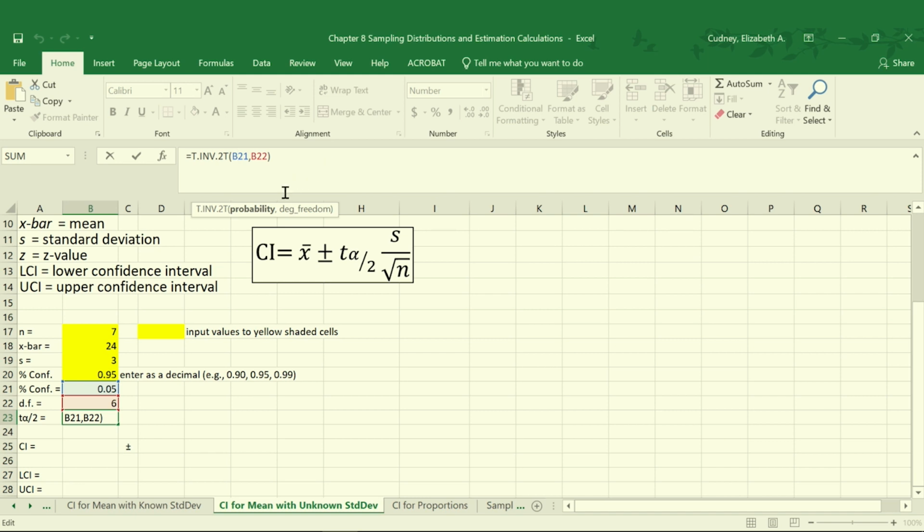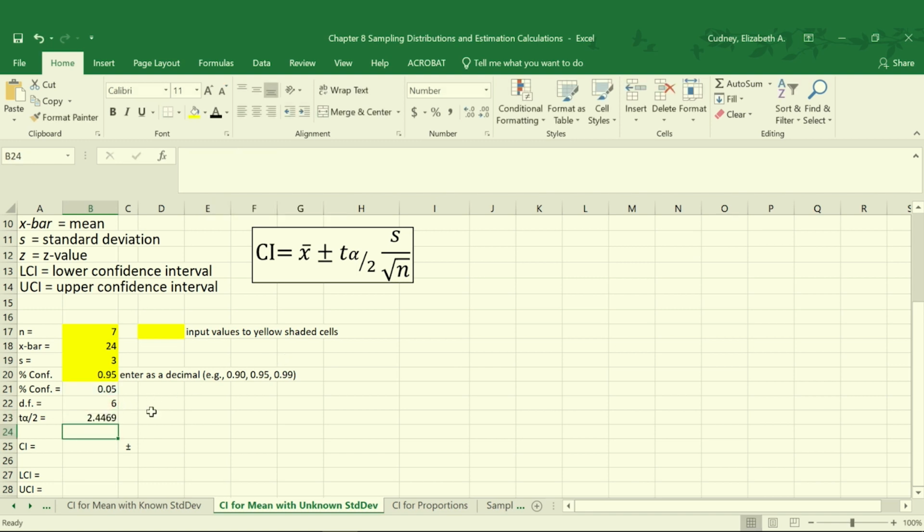And here, to get our value for t, it's based off of 1 minus the confidence that we're looking for, so our value of 0.05, and then our degrees of freedom, which comes from cell B22. So our t value in this case is 2.4469.